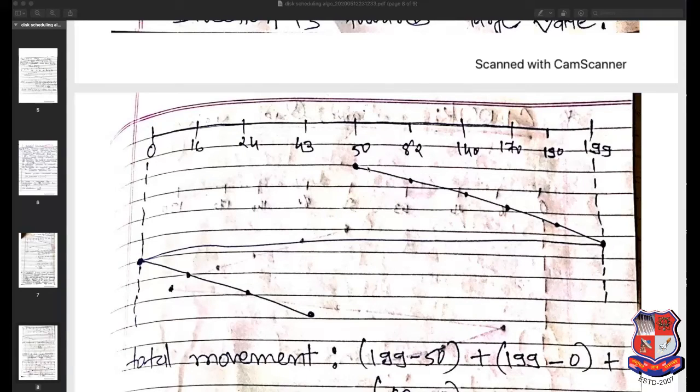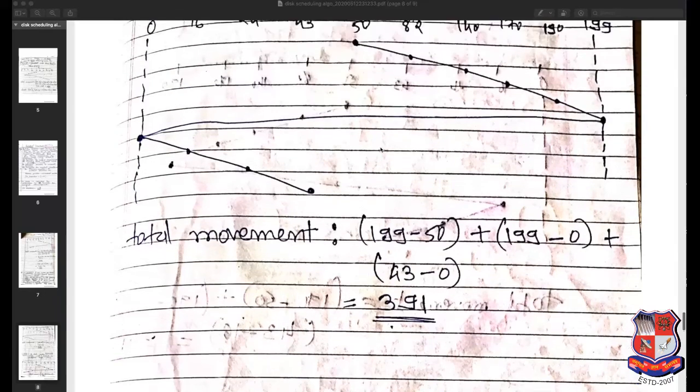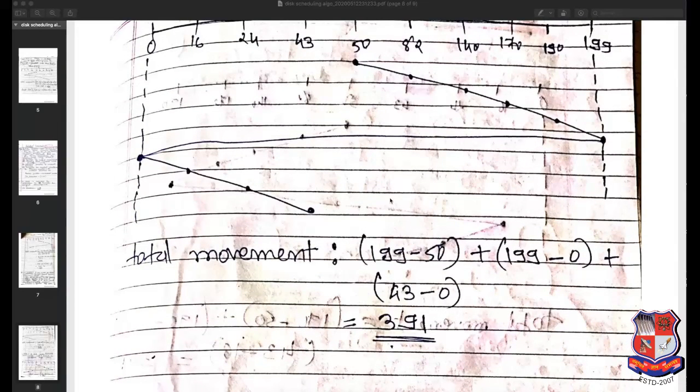So 82 minus 50 plus 140 minus 82 plus 170 minus 140 plus 190 minus 170 plus 199 minus 190 plus 199 minus 0 plus 16 minus 0 plus 24 minus 0 and at last plus 43 minus 24. We get the same value with this movement. So here my C-SCAN concept is completed.